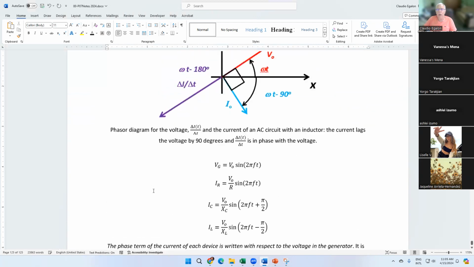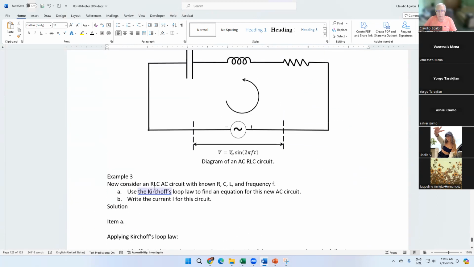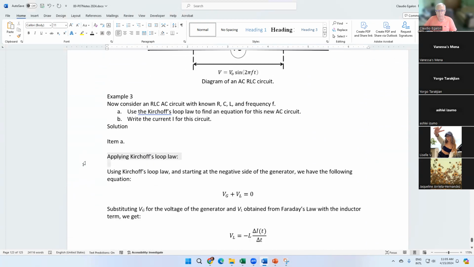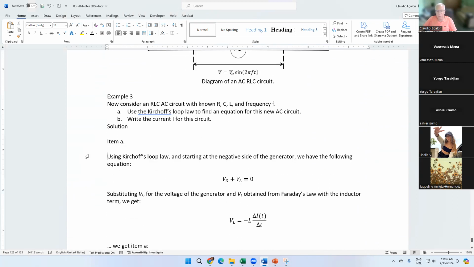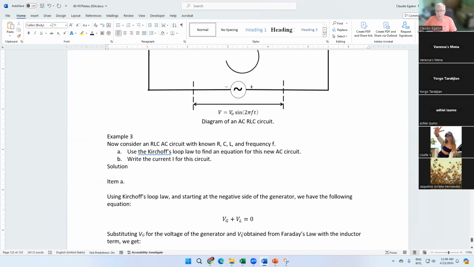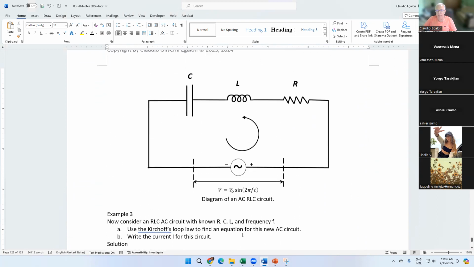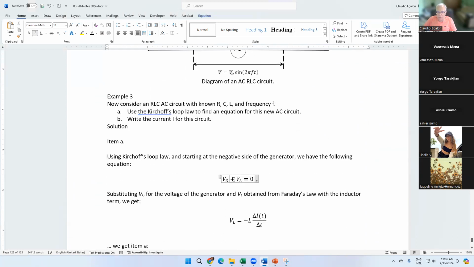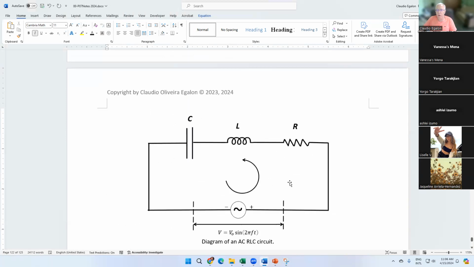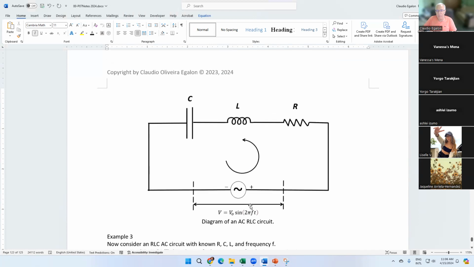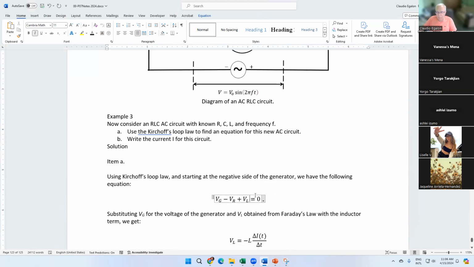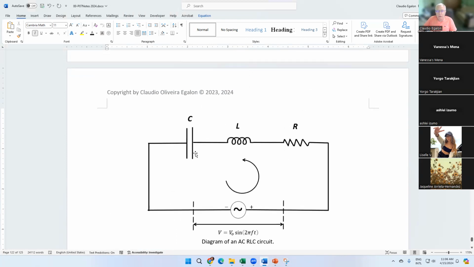Kirchhoff's loop law, we are going to have the following. Starting at the negative side of the generator, we have the following equation: V of the generator minus V sub R for the resistor plus V sub L. And now we are going to have minus V sub C. It's minus V sub C because this side of the capacitor is going to be charged with positive charges, and this one is going to be charged with negative charges.